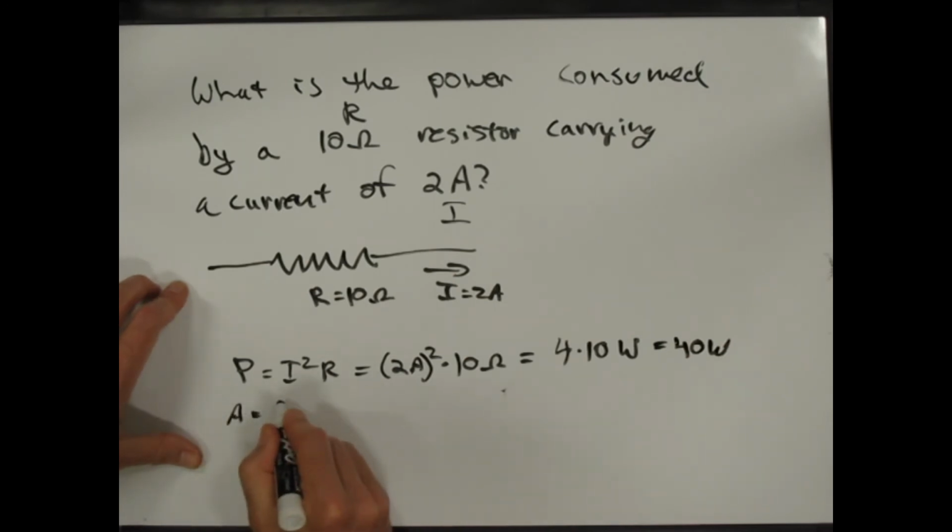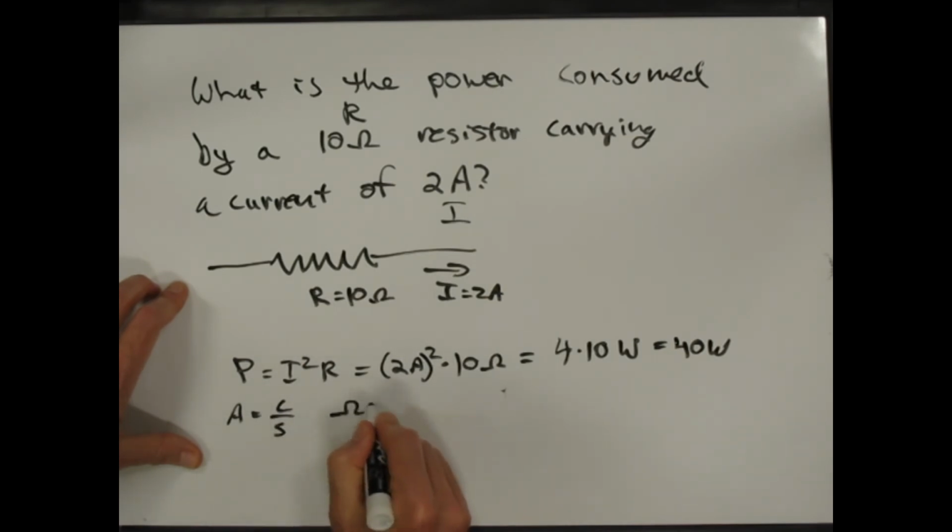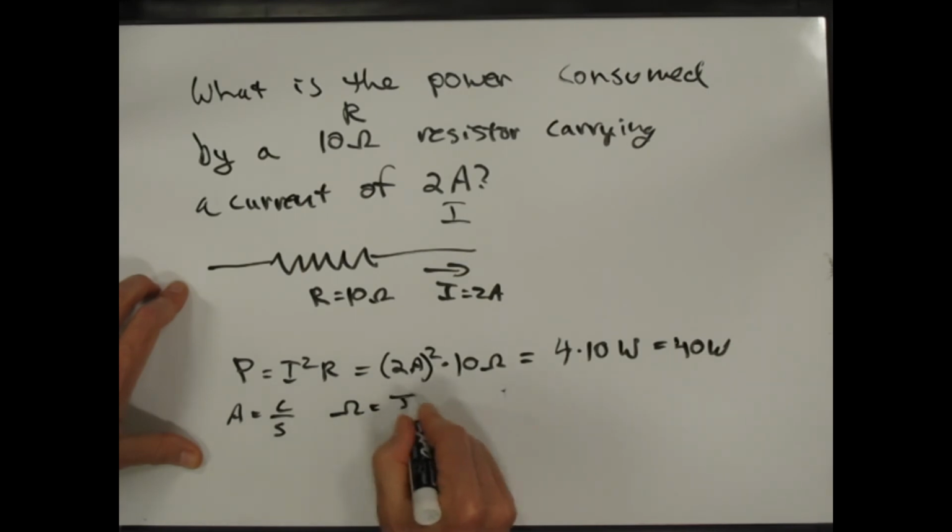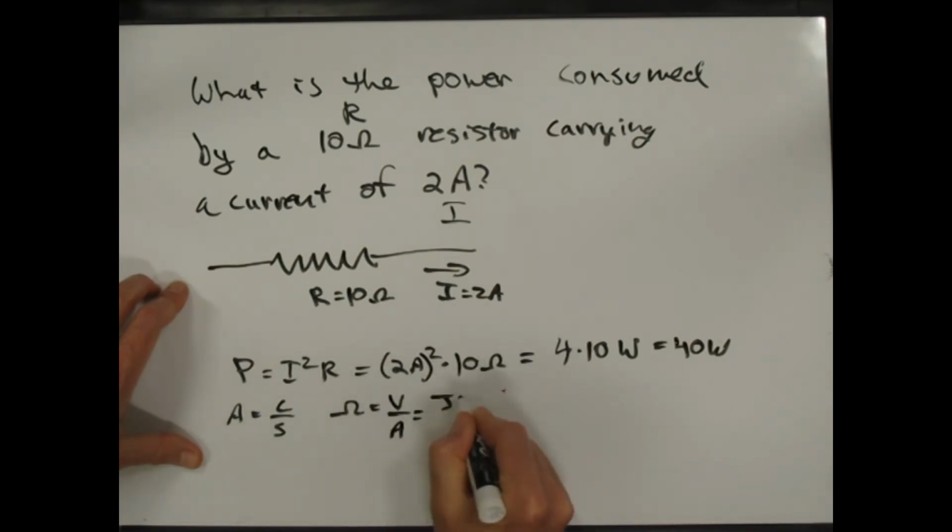An amp is a coulomb per second, and an ohm is a volt per amp, which is a joule per coulomb per amp.